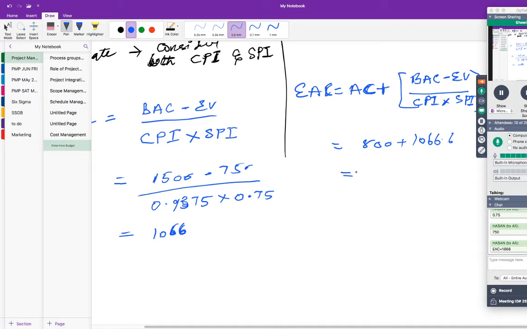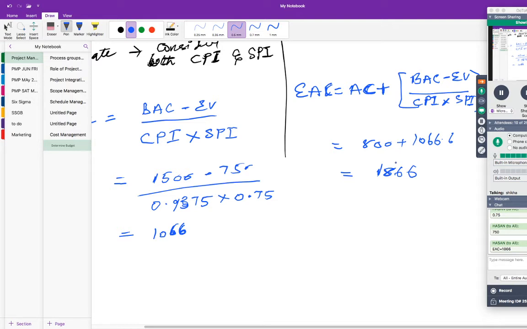I was just checking what will come if I directly do it. If you directly do it, you're not getting this number, right? If you multiply, for example, how much is 0.9375 into 0.75?